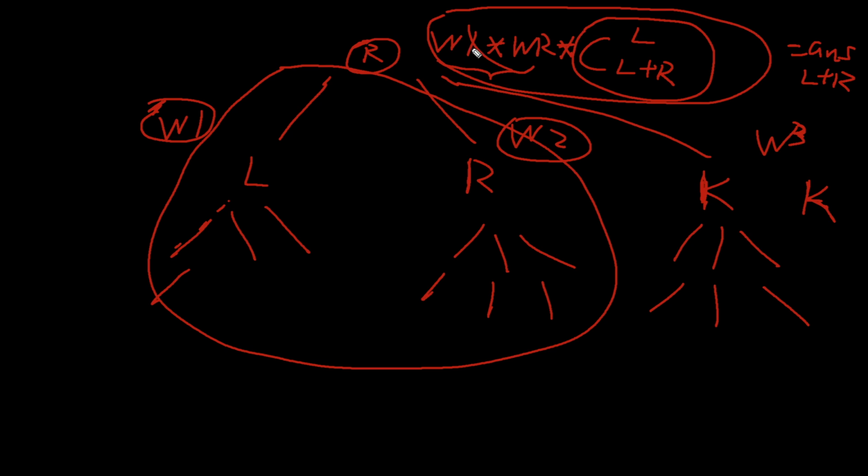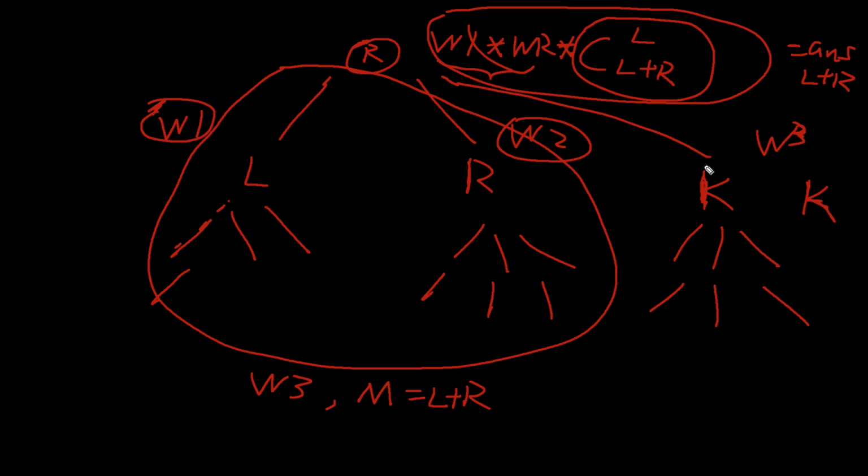Let's say this merged part is M1, so the total weight of this part is M, and the number of nodes of this one is M, where M equals L plus R. After merging this one, we have this weight W3.